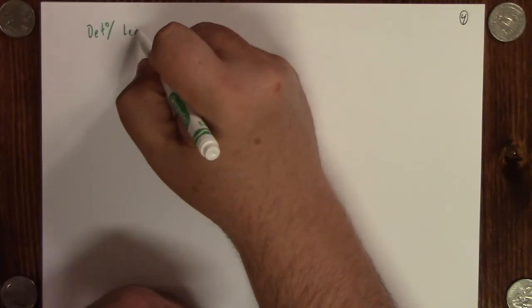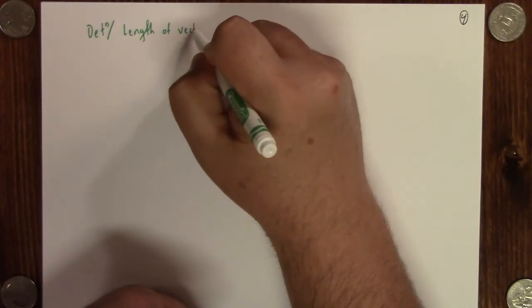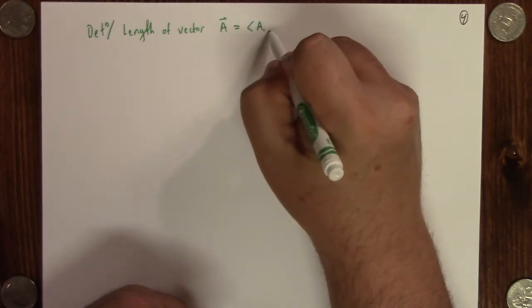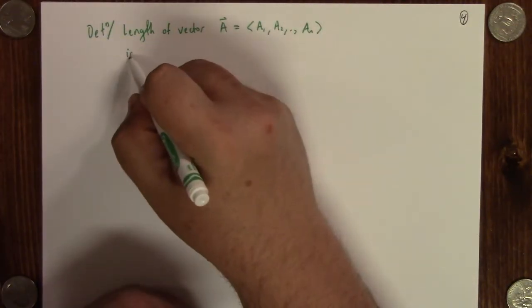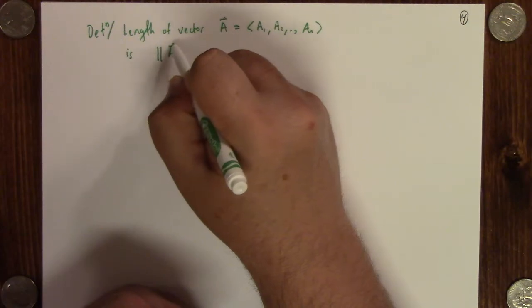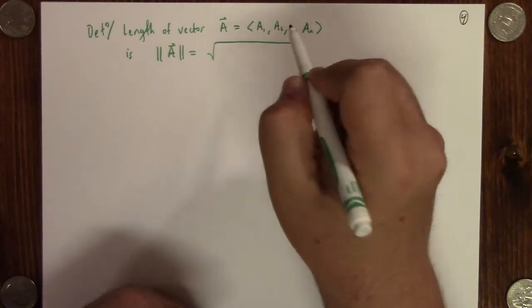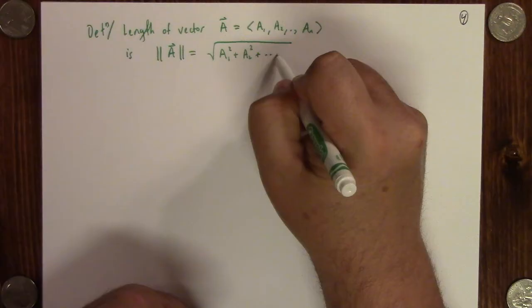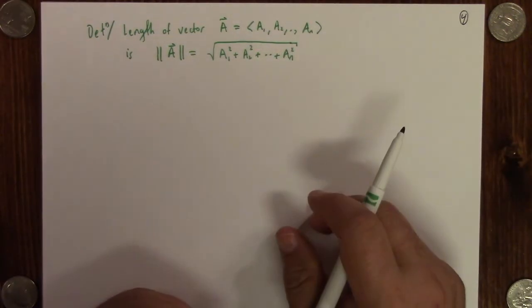The length of vector A, and I'll do it in n dimensions, is, and here's the notation, double bar A double bar, equal to the square root of a1 squared plus a2 squared plus up to an squared. Of course that simplifies back to the distance formula where one of the points is the origin.